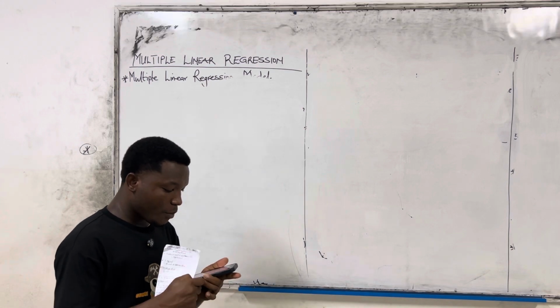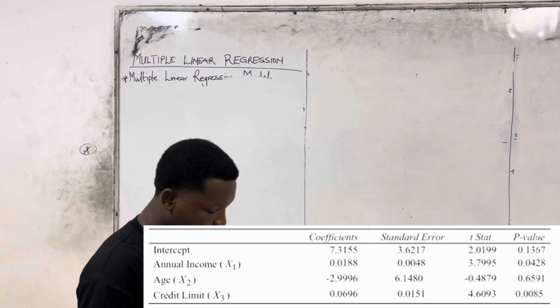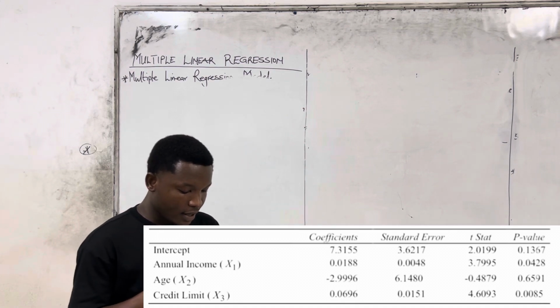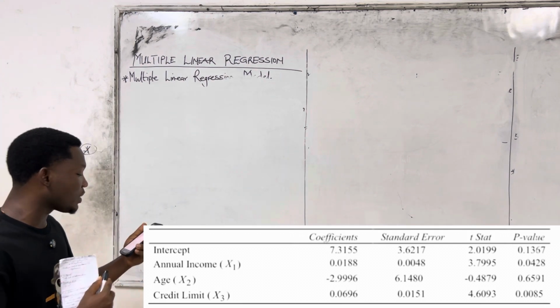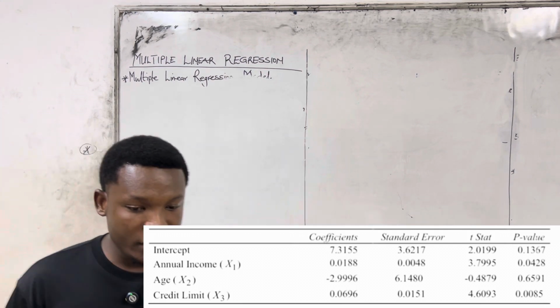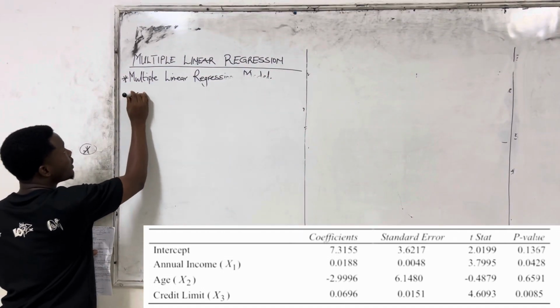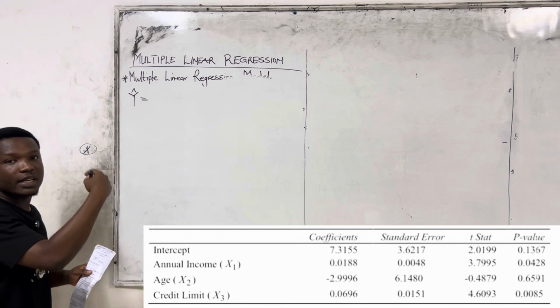In the Excel output, you see the intercept, annual income, age, and then credit limits. We have the coefficients, and the coefficients are what we use to represent the regression model. So the first thing to do is to state Y, our dependent variable, equal to our independent variables.